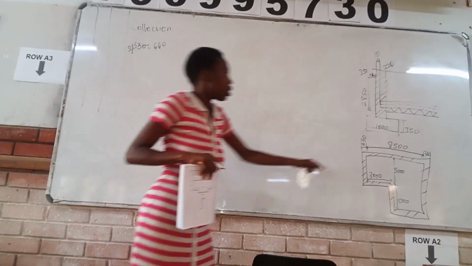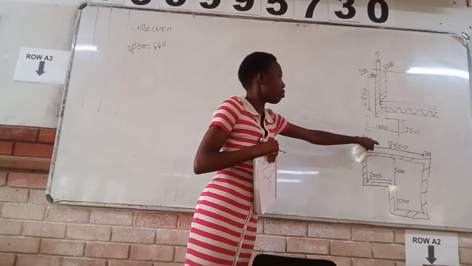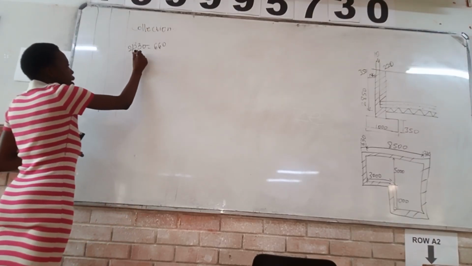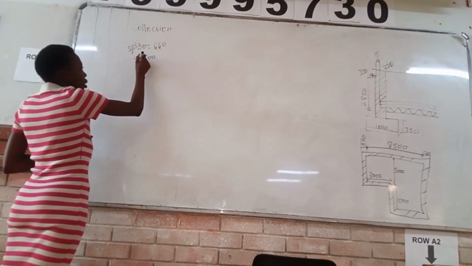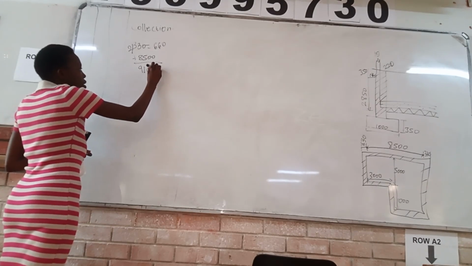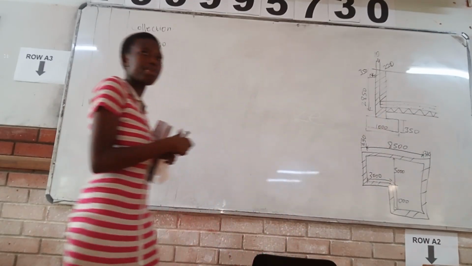So the total is 660 plus 8,500, or 330 plus 8,500 plus 330. So 2 times 330 plus 8,500 is 9,160. This 9,160 is the total length, from here to there, covering the whole basement.